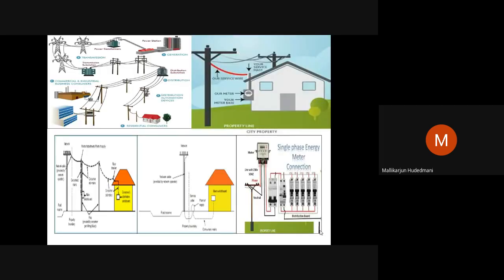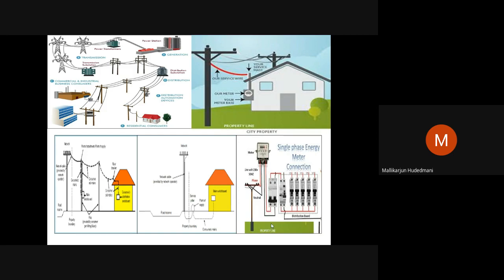To start with, we have all seen how the power system works. Generation of electricity takes place at the center of resources. Whichever kind of resource is available, from there generation takes place, then transmission and distribution occur so that we are able to receive the power at our premises.